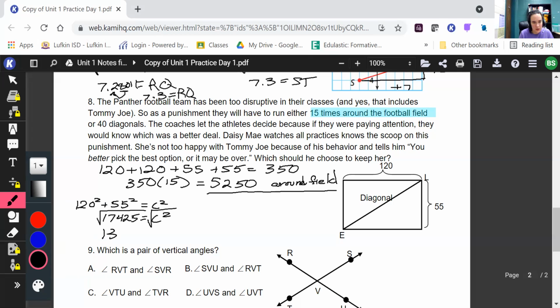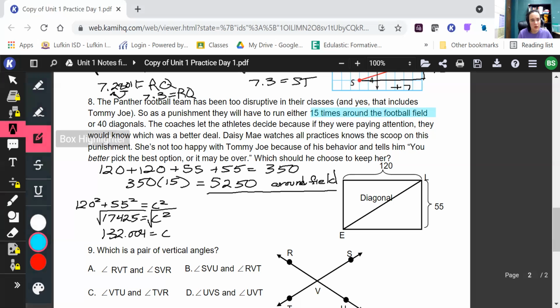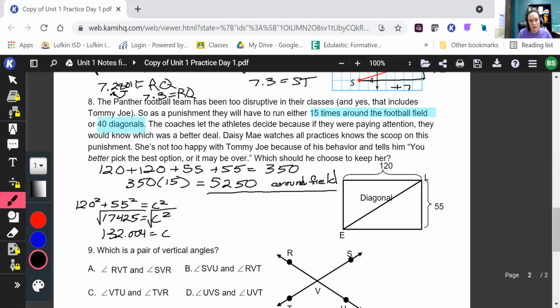And it gets us 132.004. We don't want to round just yet, so we don't change our answer. And then we are doing 40 diagonals. So we need to multiply that 132.004 times 40.